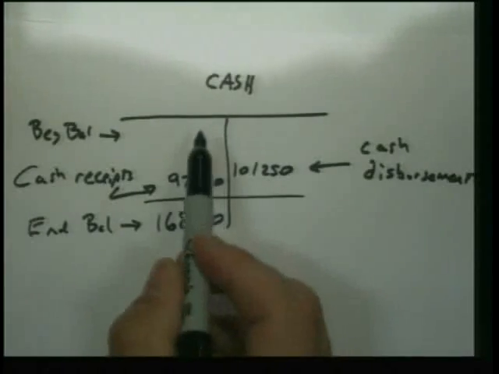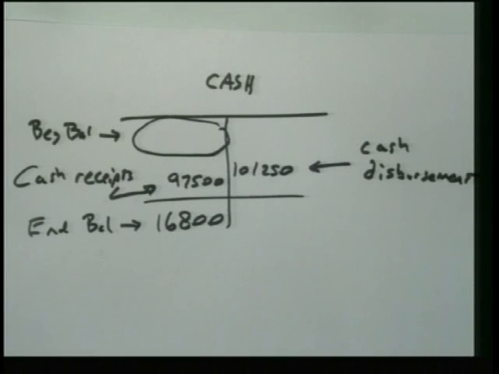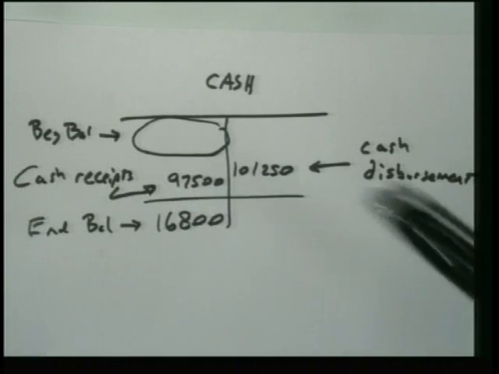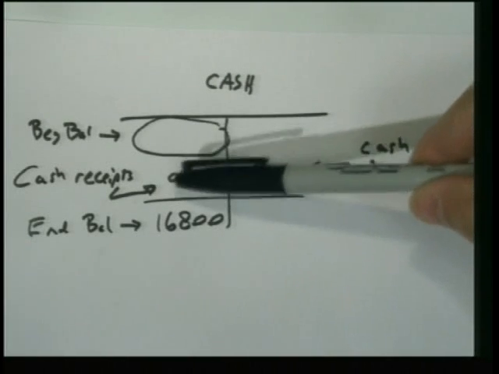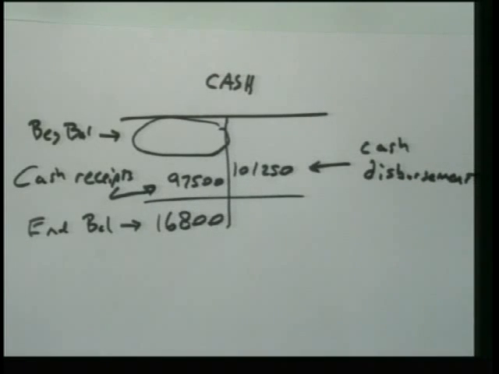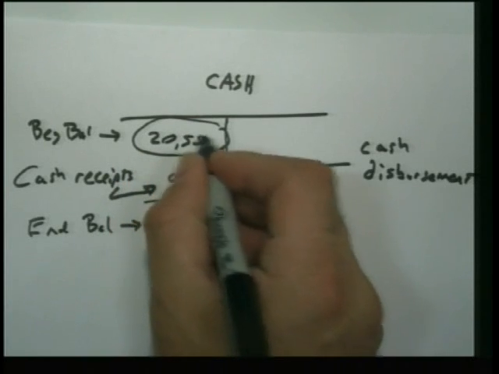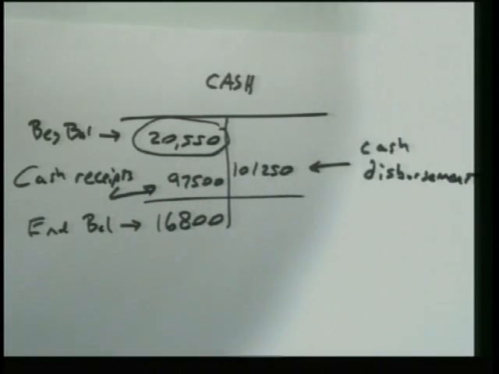So there is one number and only one number that goes in that circle that makes it work out. Specifically, this number plus this number minus this number has to equal that number. And what is that number? 20,550, right? You just solve that algebraically. Does that make sense?